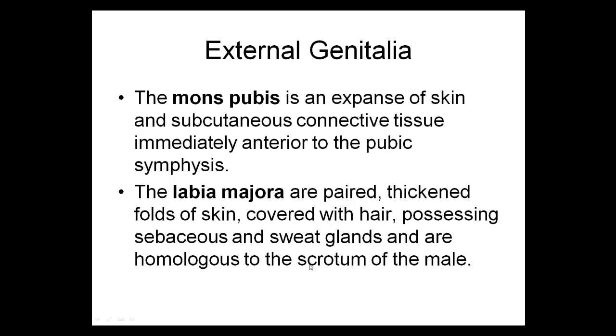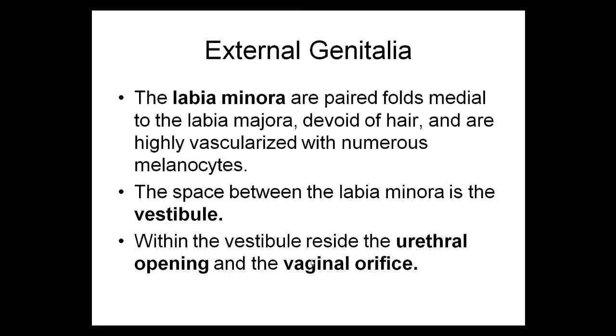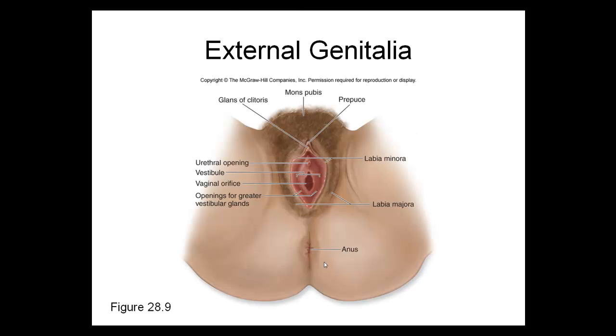Now, there are additional glands present underneath the labia majora, but we're going to talk about these glands later on. The labia majora also contain some erectile connective tissue, and we call that the vestibular bulb inside here, and that becomes erect and engorged during sexual intercourse.